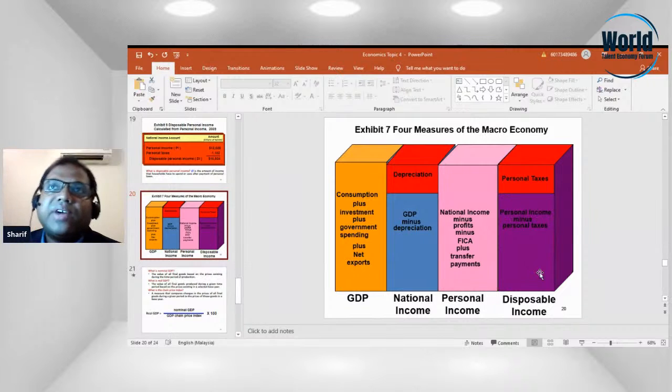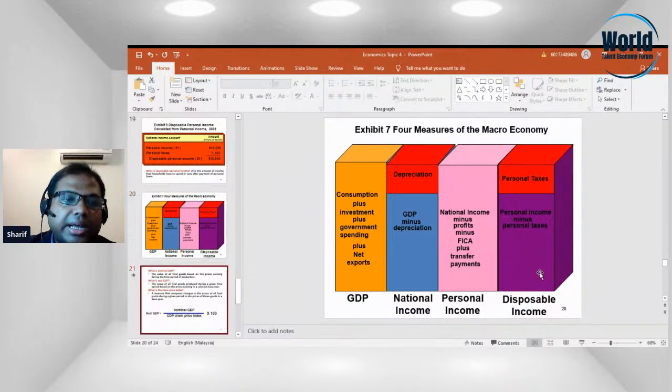If we want to identify the macroeconomic concepts, we have consumption plus investment plus government spending plus net exports is GDP; GDP minus depreciation is national income; national income minus profit minus FICA plus transfer payments gives personal income, less personal taxes. So GDP goes to national income, then to personal income, and then to disposable income.